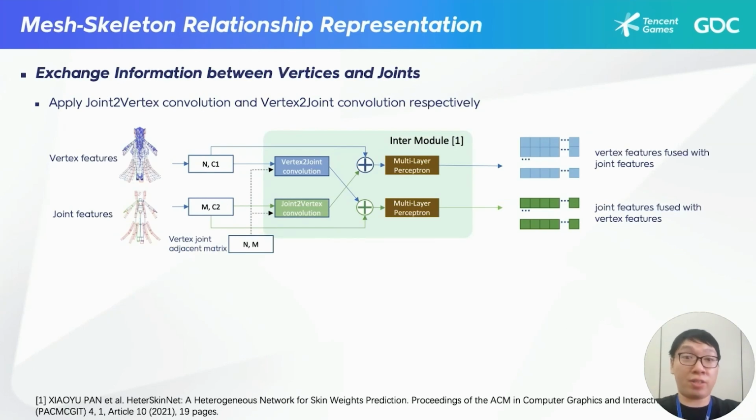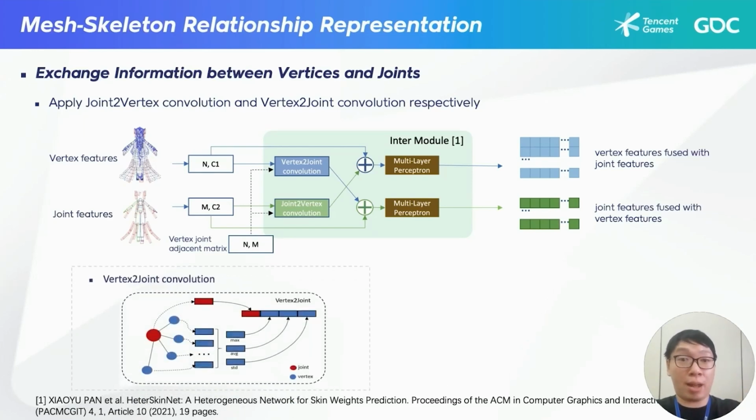The purpose of this section is to facilitate information exchange between vertices and joints by applying joint-to-vertex convolution and vertex-to-joint convolution respectively. The mesh graph and skeleton graph are unbalanced, with thousands of vertices in the mesh but only a few joints in the skeleton.